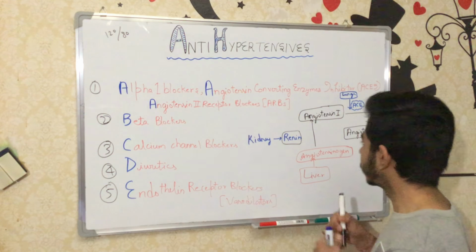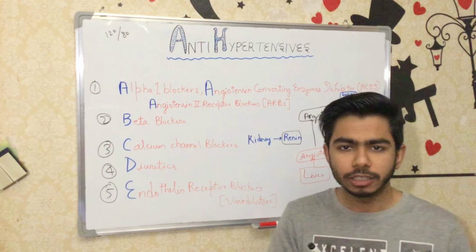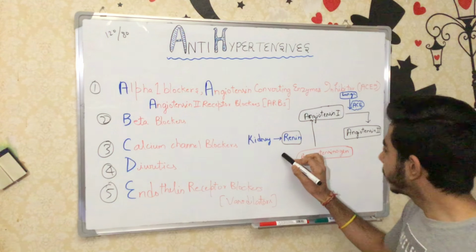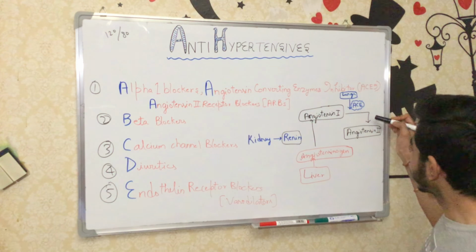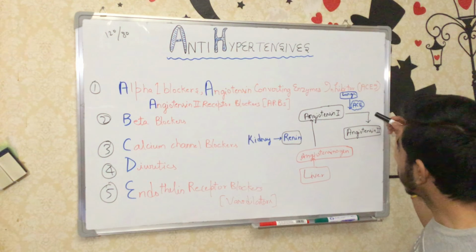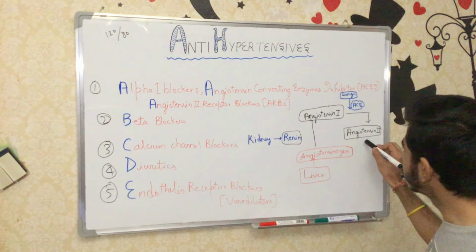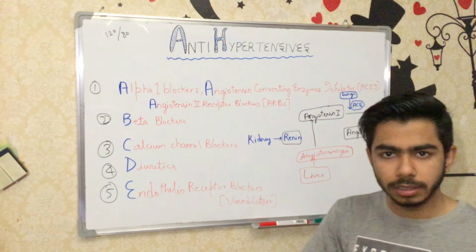So that is the physiological condition, and that is the renin-angiotensin-aldosterone system. Renin is produced by the kidney. Angiotensinogen will convert into angiotensin 1, and angiotensin 1 will convert into angiotensin 2 with the help of ACE, angiotensin converting enzyme.